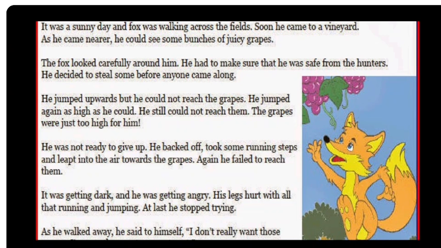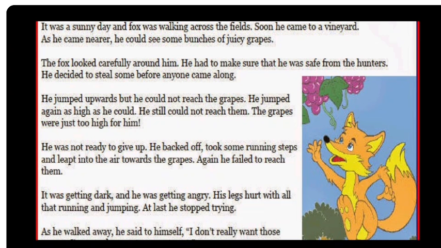Now the first line of the last paragraph, it was getting dark and he was getting angry. From this line, we get an idea that it was too late and it was getting night. The fox became very frustrated.